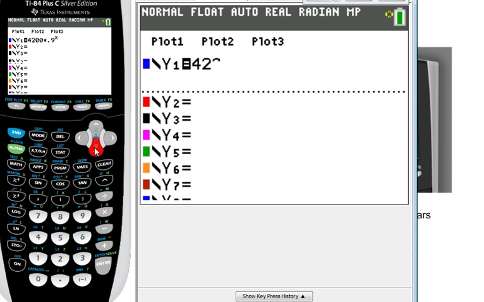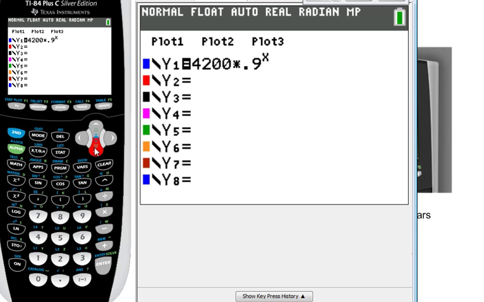Now, arrow down one spot so you're in Y2, and type the other number that we want this object to be worth, which was $2,500. They were asking us how much time does it take for this original price to drop from 4,200 down to 2,500. So we have our equation set. Now we have to go to our window.